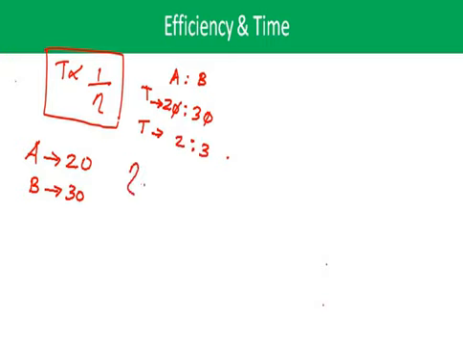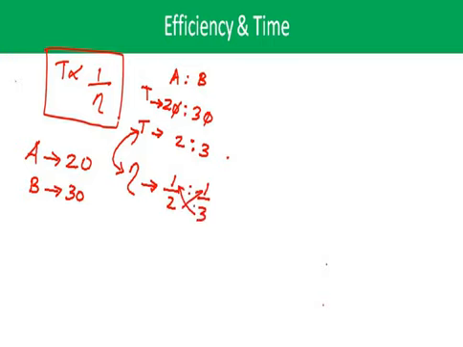Now, in order to find out the efficiency ratio, what relationship do we know? We know that time and efficiency are inversely proportional to each other, or we can also say that they are going to be reciprocals with respect to each other, right? So, in order to find out the efficiency ratio, I'll take the reciprocal of the time ratio. So, 1/2 and 1/3.